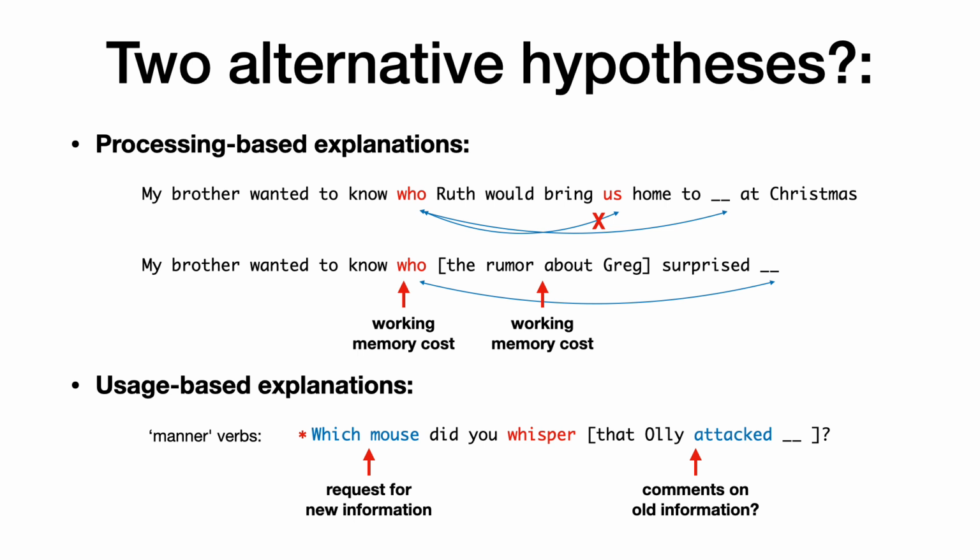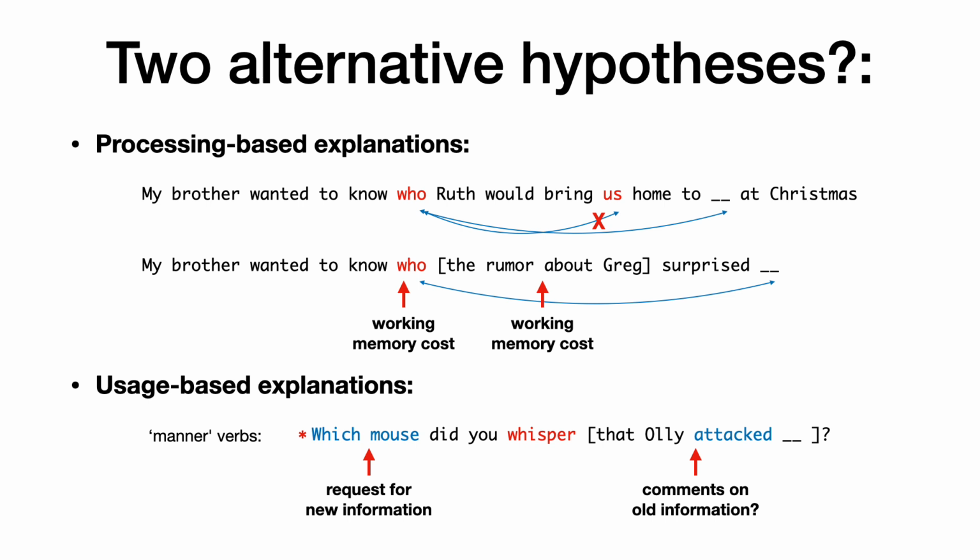And so we mentioned manner verbs, right? So if you say something like, you whispered that Ollie attacked the blue mouse, when you say a sentence like that, it's really not about Ollie attacking. It's really about the way you said something, right? Compare that with something like, you said that Ollie attacked the blue mouse.